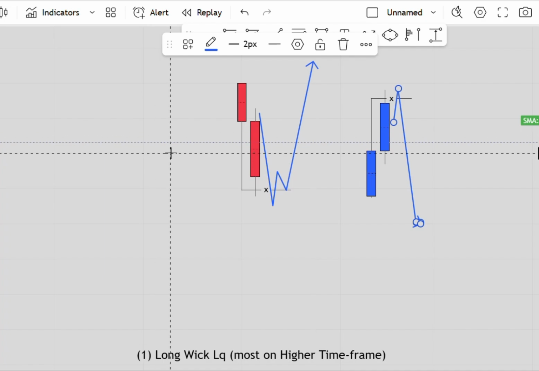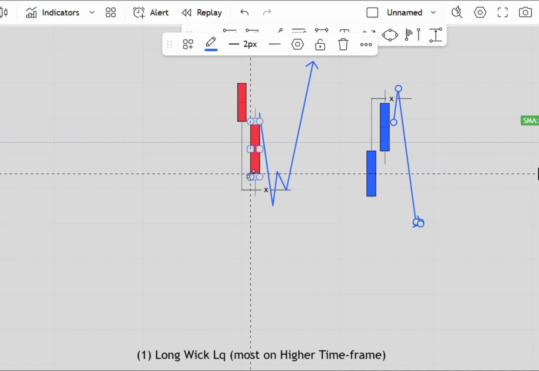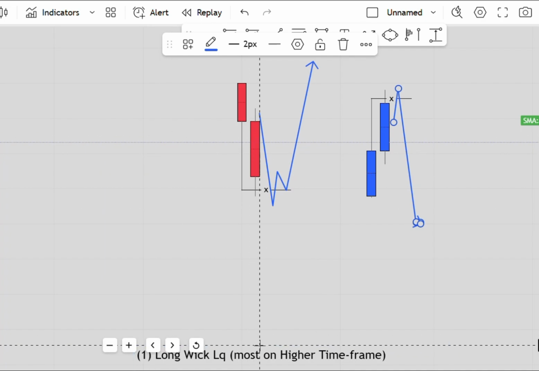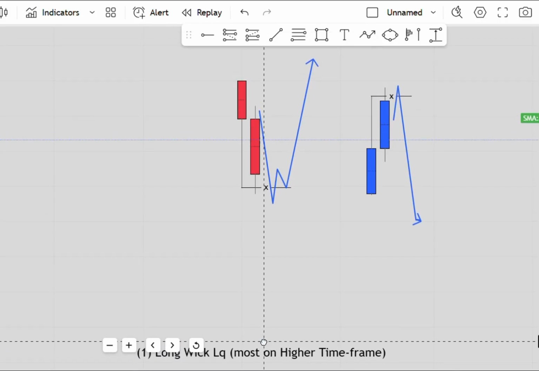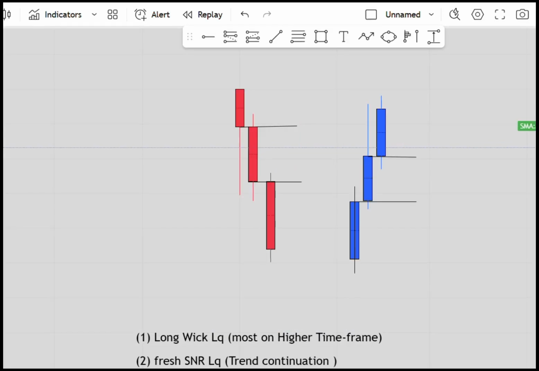So for now, let's go to the second liquidity we have here. Let me put this up. Okay, a fresh SNRO liquidity, and it is used for trend continuation. A scenario whereby you are on a buy setup, and you want to know if this market is still going to be bullish or bearish.